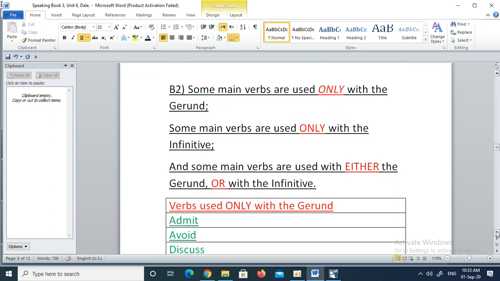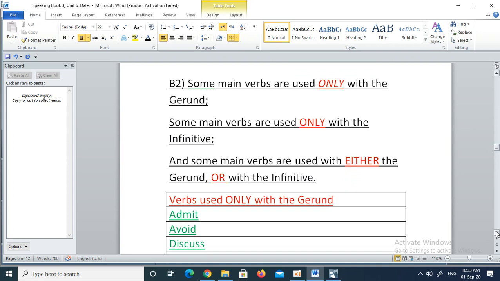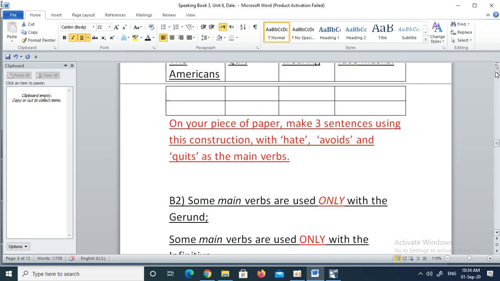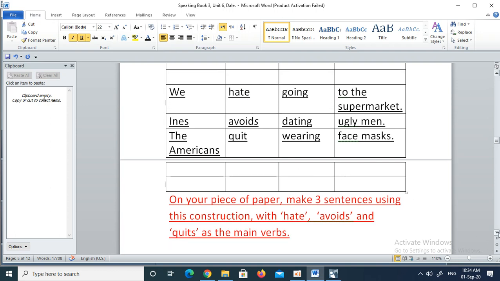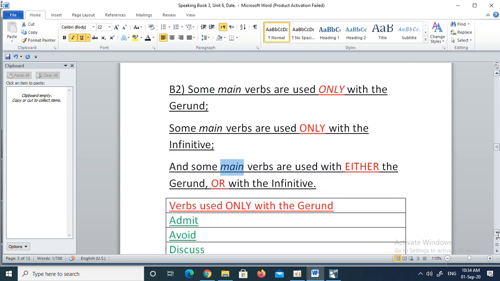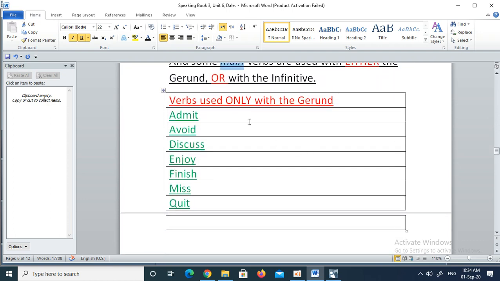All right. Some verbs are used only with the gerund. Some main verbs are used only with the infinitive. Some main verbs can be used with either the gerund or the infinitive. So, if I look at these 3 main verbs, to hate, to avoid, to quit, all of those are in this list that are used only with the gerund.